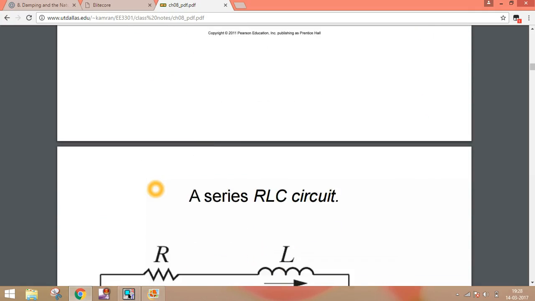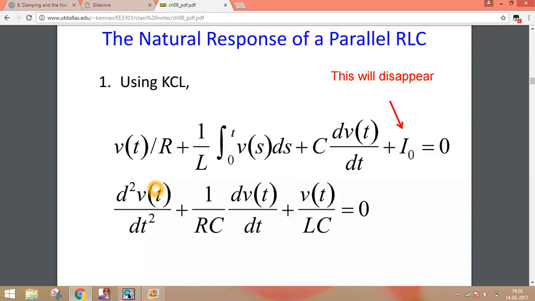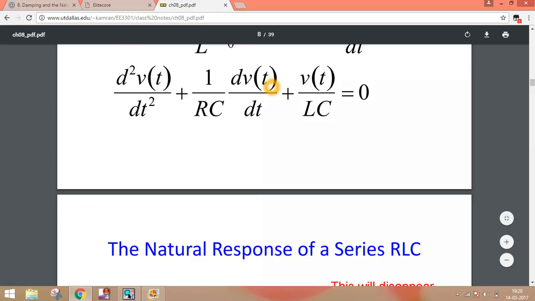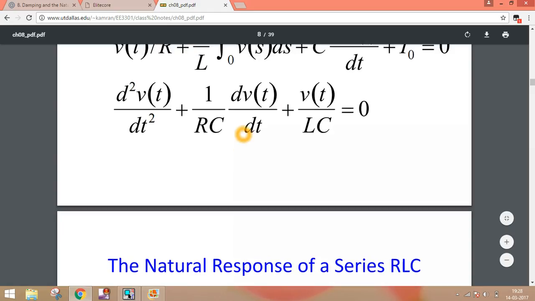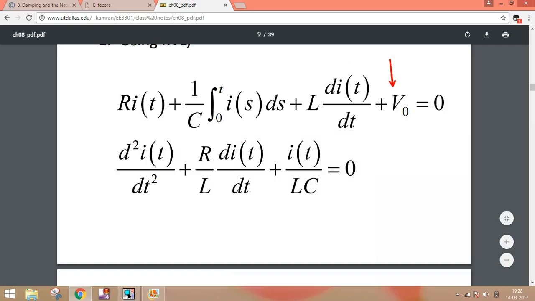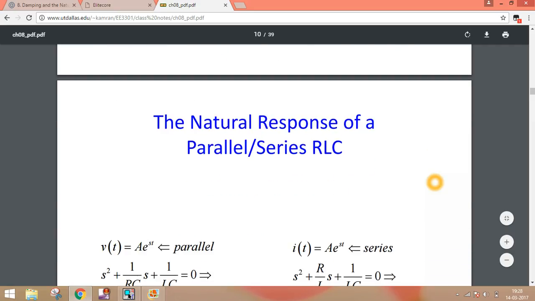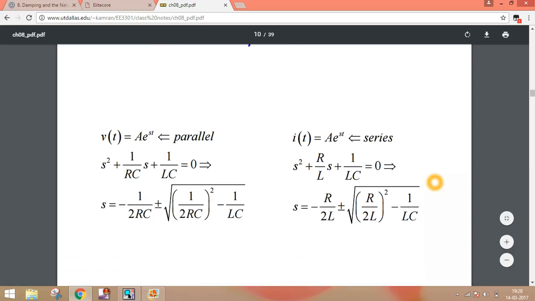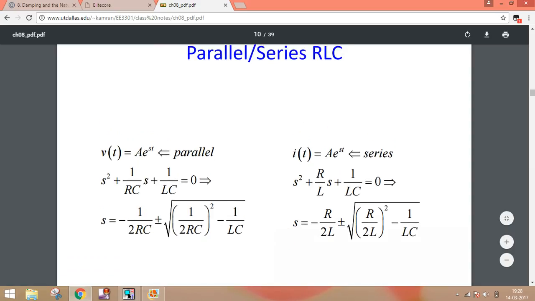So for a series RLC circuit you can see an equation, that is a second order equation of voltage. Similarly for current also, here it is for current. Now solving this second order equation we get our roots. This is for parallel, this is for series.